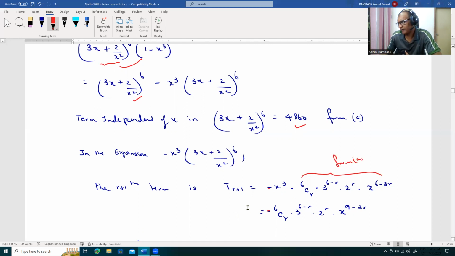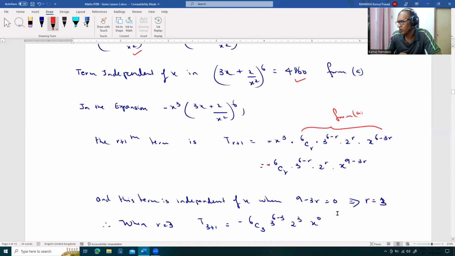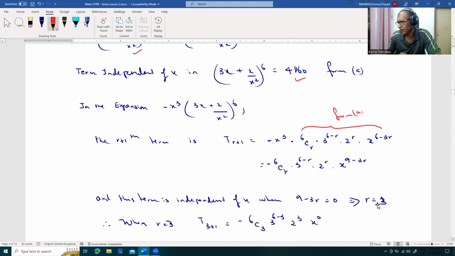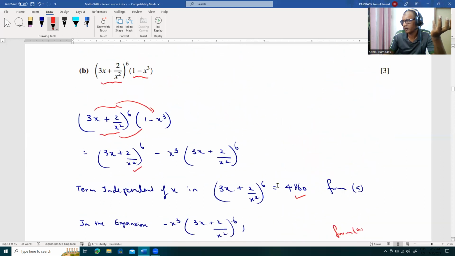Et là, ici, on a another term independent of x, quand 9 moins 3r est égal à 0, quand r est égal à 3, on remplace 3 là-dedans. Minus 6C3 times 3 to the power of 6 minus 3 times 2 to the power of 3 times x to the power of 0. Ça va venir 0 quand r est égal à 3. Et moi, je vais retirer 4320. Et ça pour ça partie-là.